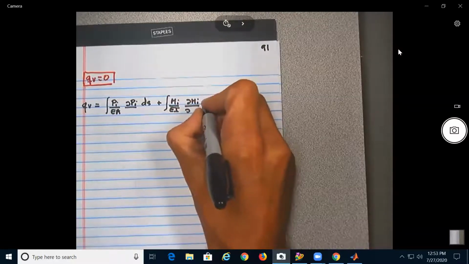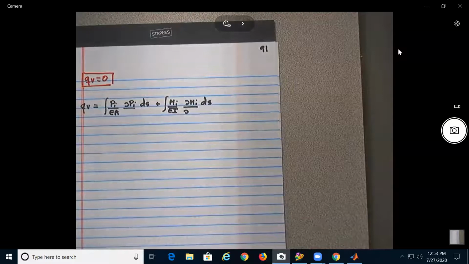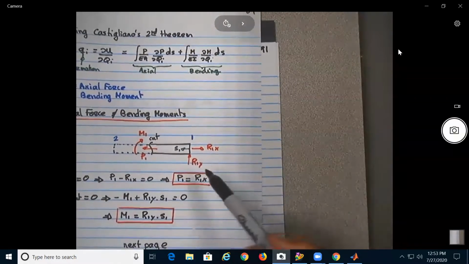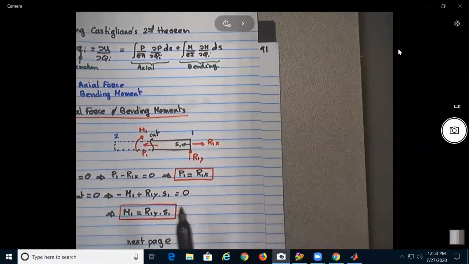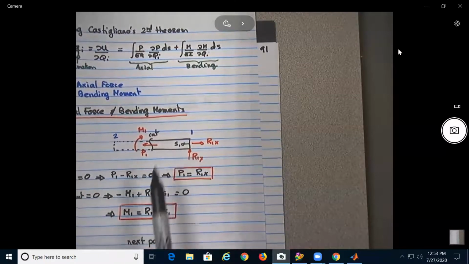We have here another force. So where is the previous page? What is the force at 1 that will create the vertical deformation? Vertical is in direction. So what is the force that will create, for this member at point 1, the deformation?